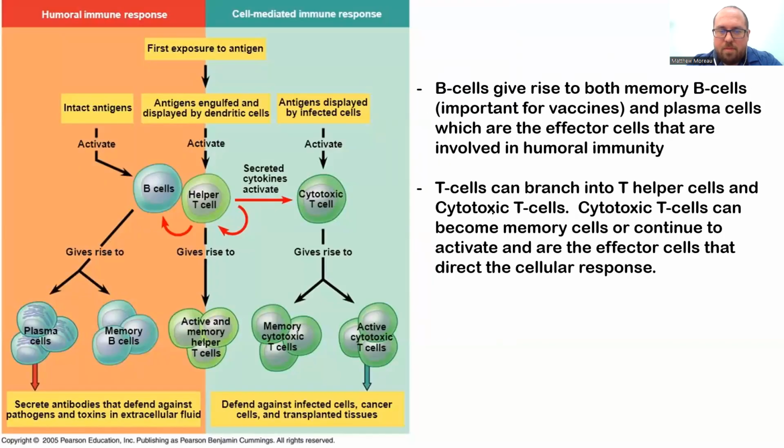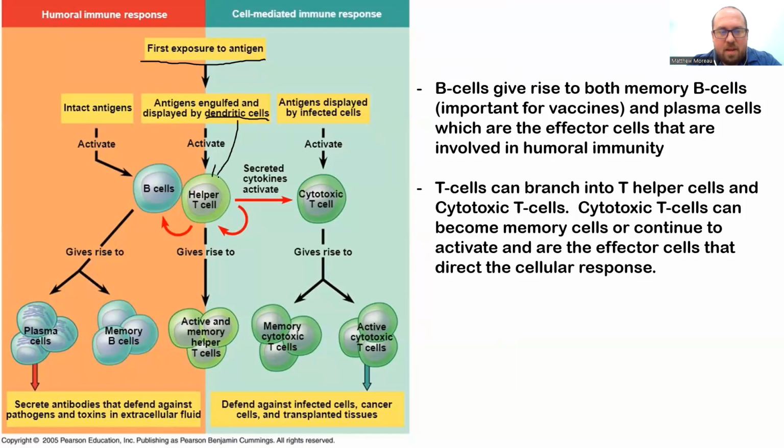All right, so when we have these different kinds of cells and different kinds of activations, again, when we have first exposure to antigens, they're phagocytized and displayed by DCs.